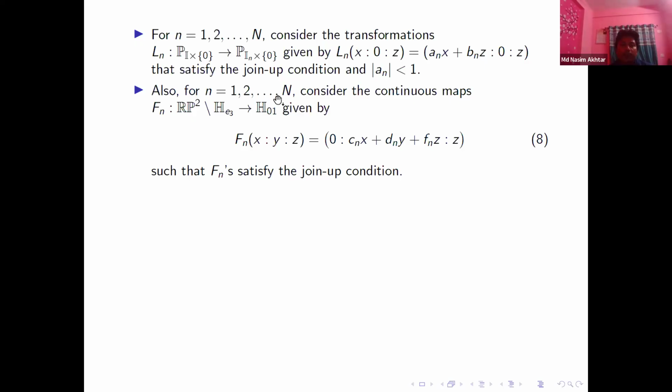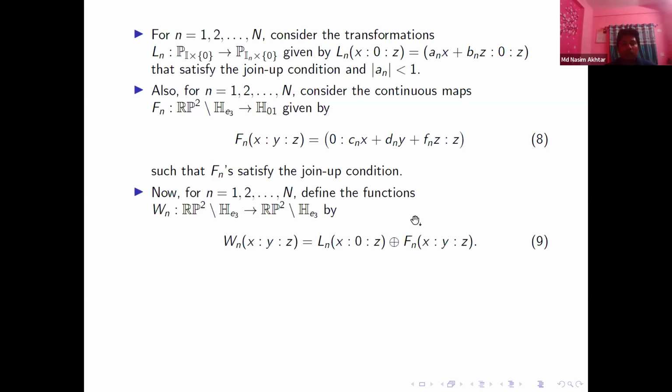We also consider a continuous map Fn from RP2 minus H3 to H01 given by Fn[x:y:z] = [cn x + dn y + fn z : z], such that Fn satisfies the join-up condition, where the dn are the free variables. Then for n equals 1 to N, we define the functions Wn from RP2 minus H3 to RP2 minus H3 by Wn = Ln plus Fn.